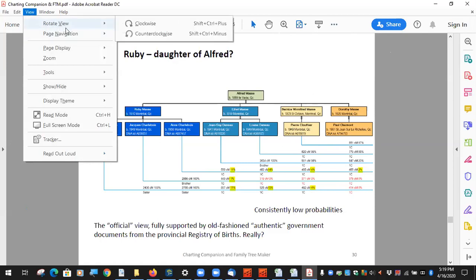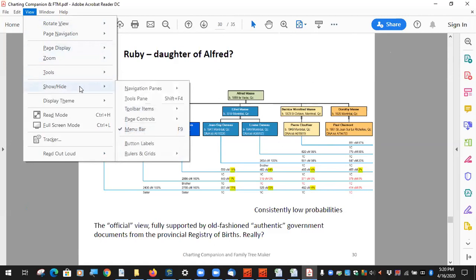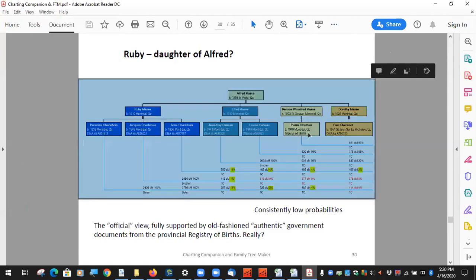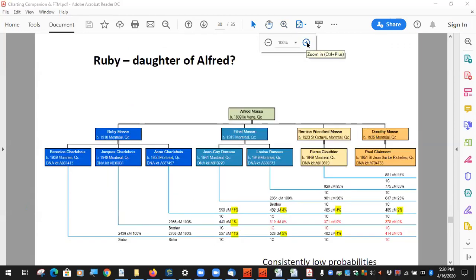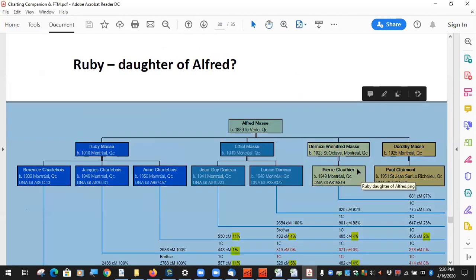Yeah, no problem. I don't know if this is exactly how he did it, but this is a presentation Pierre does. Pierre is the creator of Charting Companion here.